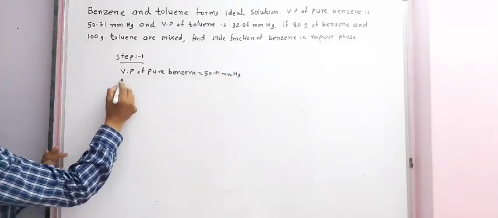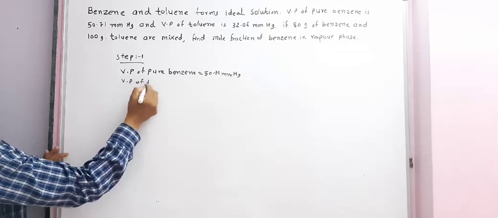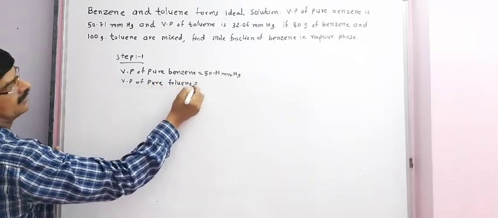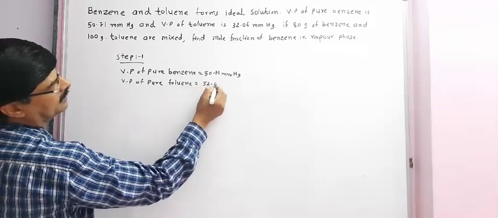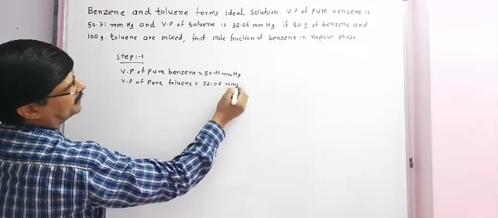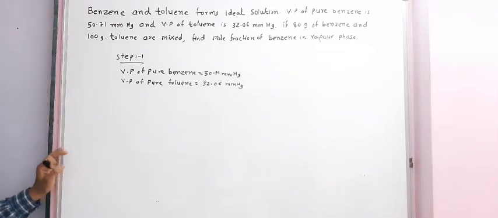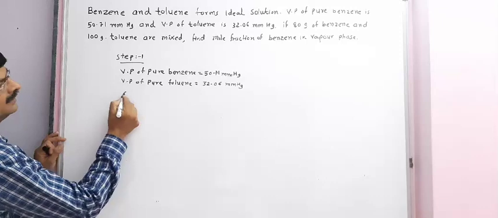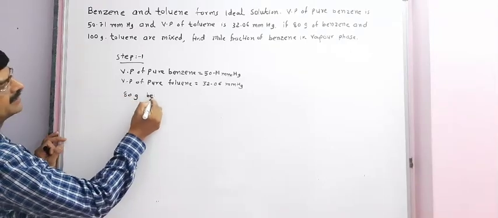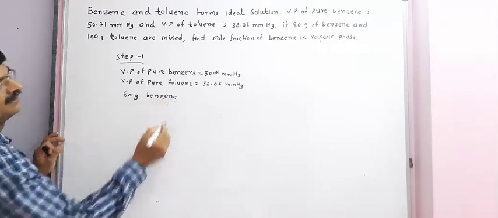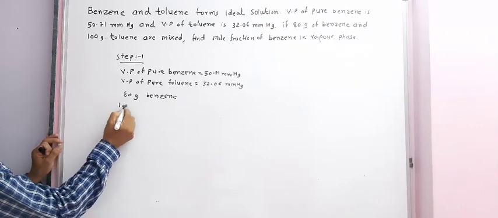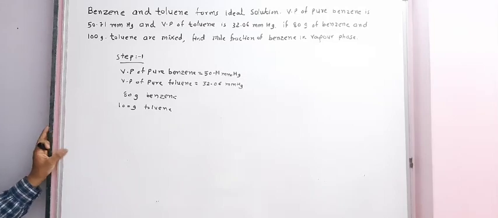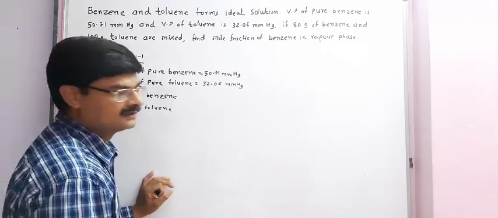Now second point, vapor pressure of pure toluene is equal to 32.06 mmHg. We will write the grams: 80 gram benzene and 100 gram toluene. This is the data available to us.